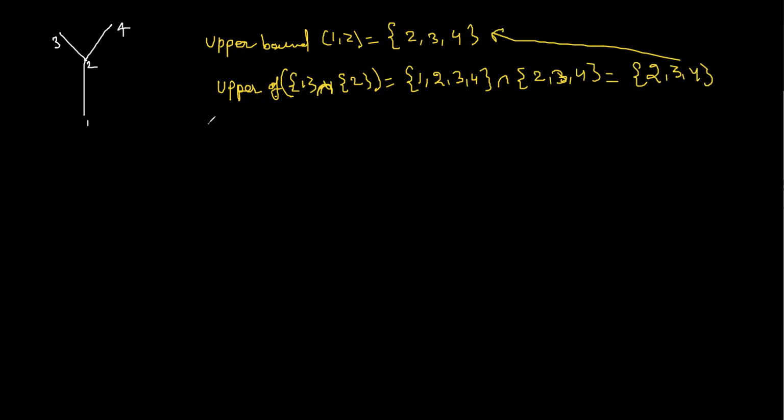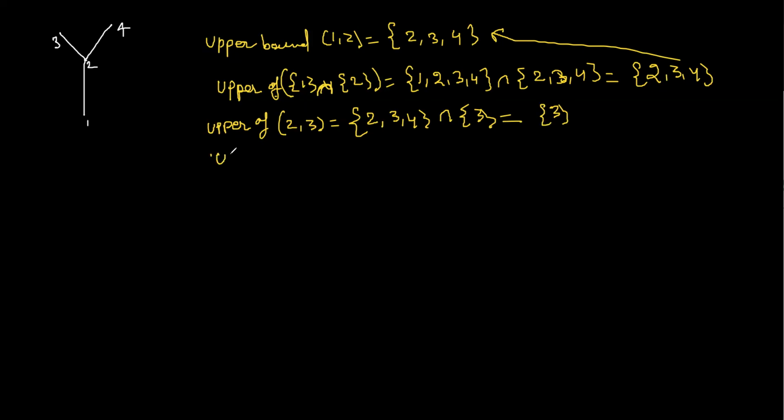If I ask you the upper bound of 2, 3, it means you have to take the upper bound of 2, which is 2, 3, 4, and the upper bound of 3, which is only 3. So what are the common elements? 3. Understood? Yes.